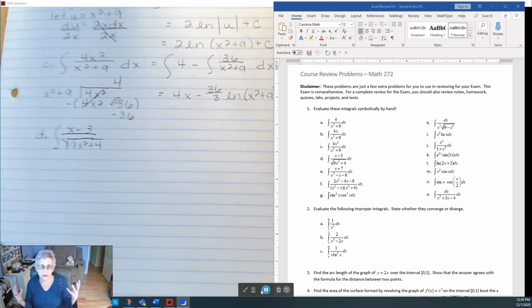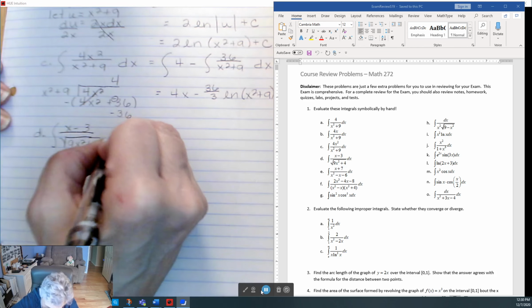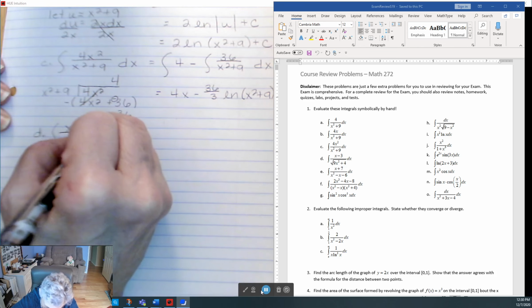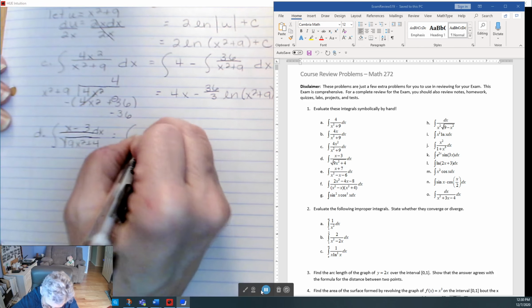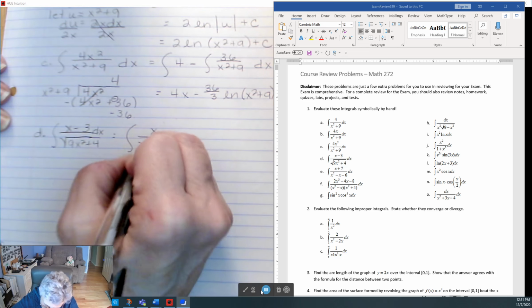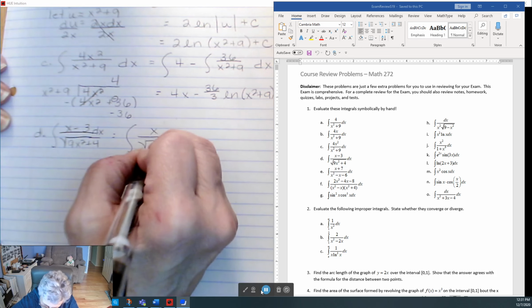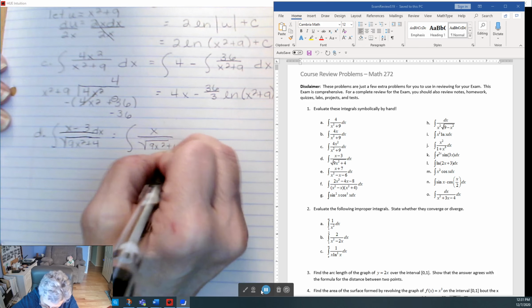Now you can approach this two ways. Hopefully you look at it and you immediately think trigonometric substitution. You can divide it into two pieces or you can do it all at once. I would probably divide it into two pieces because we can look at, I'll leave my dx off, the integral of x over the square root of 9x squared plus 4.